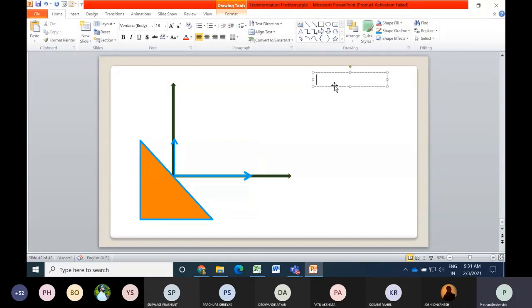So if P has coordinate 3 comma 3, your Tx will become minus 3 and your Ty will again be equal to minus 3. So this is your first step.